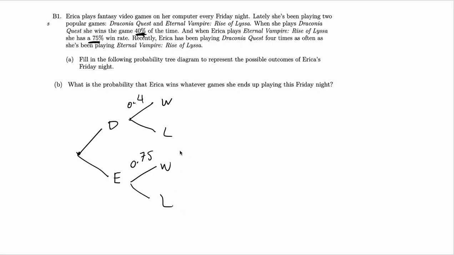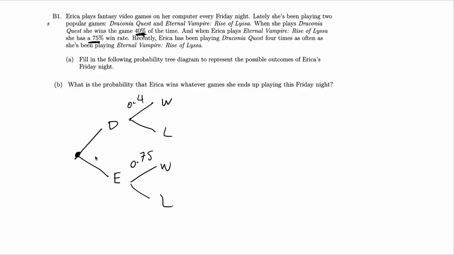All right, so that's all the information, I guess. Let me see. Erica has been playing Draconian Quest 4 times as often as she's been playing Eternal Vampire. So what does that mean? Well, when she's going to choose a game, when she's here in this first node here, she has 2 options. She can choose Draconia or Eternal.